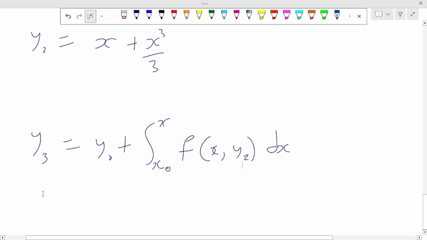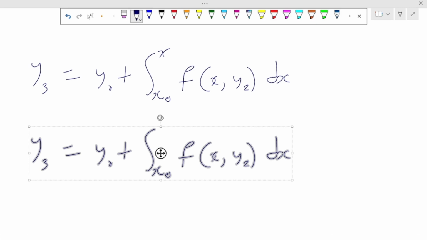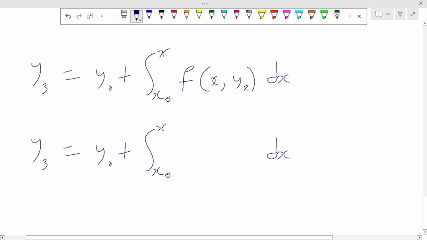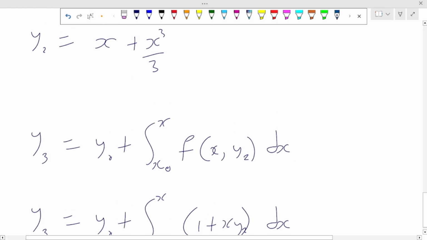So in our equation, dy dx is 1 plus xy. Now y, of course y2. But y2 is all this, so we are going to pack all this and take it into where we have y2.